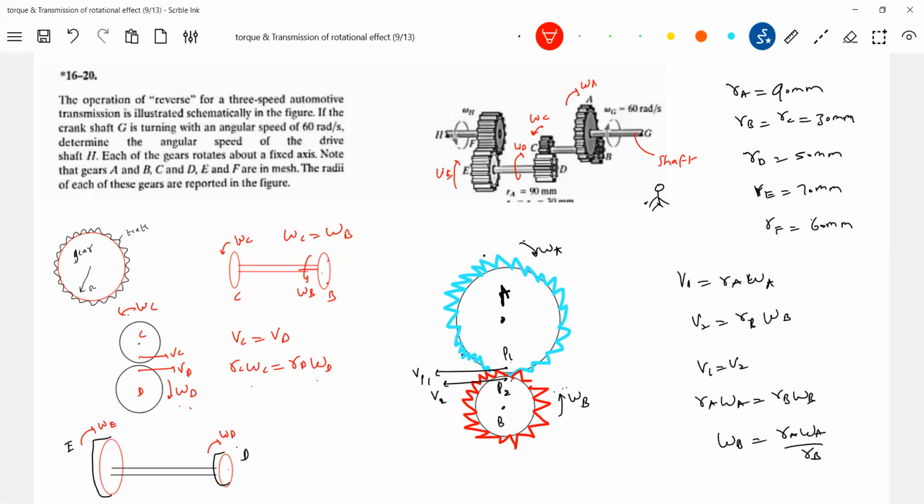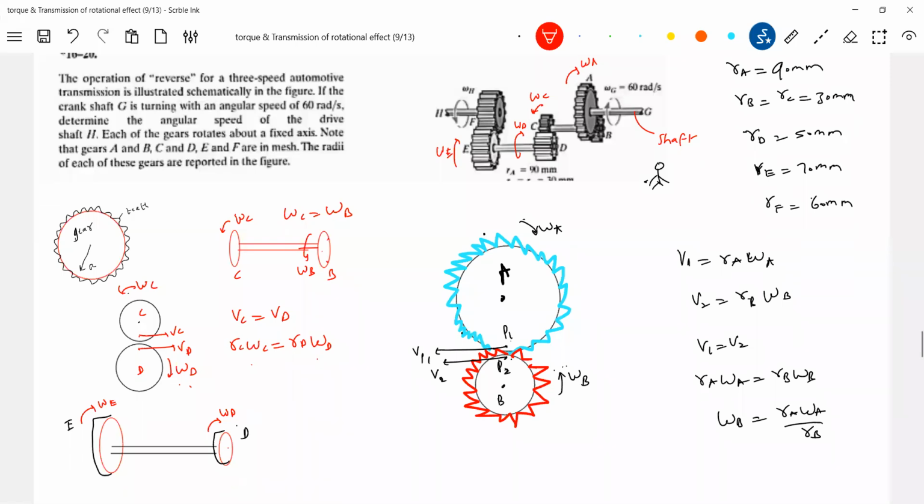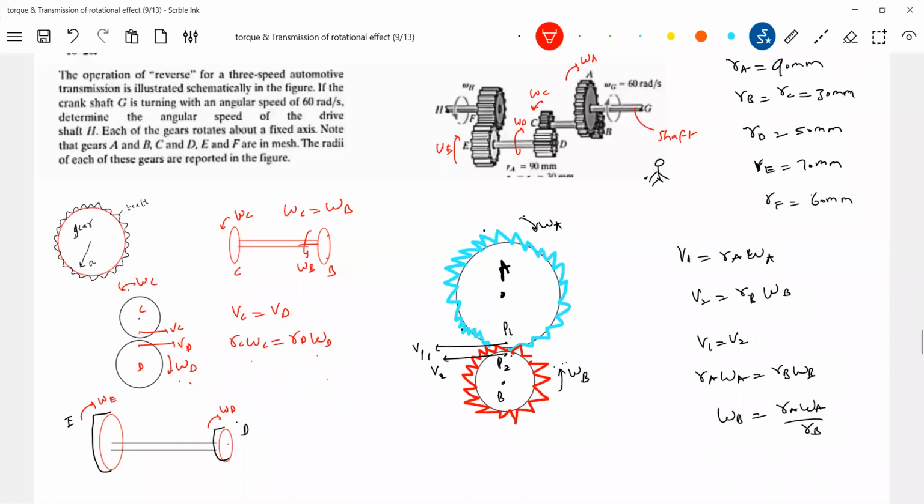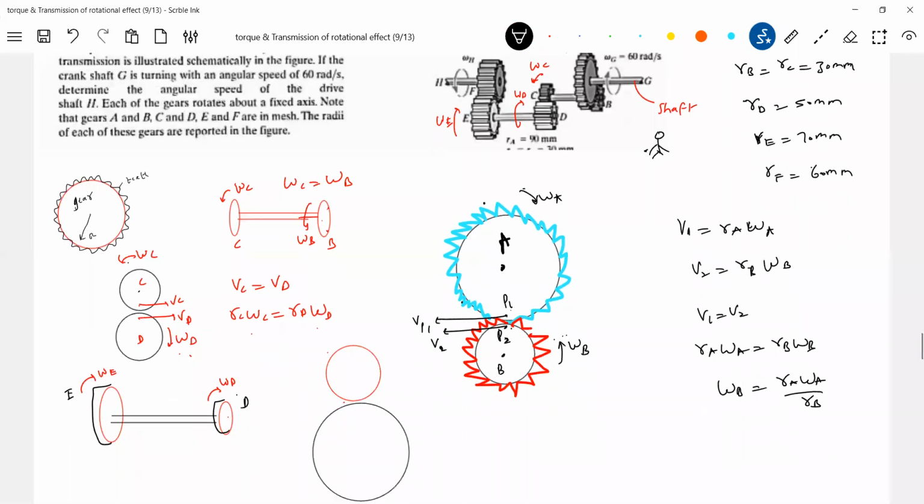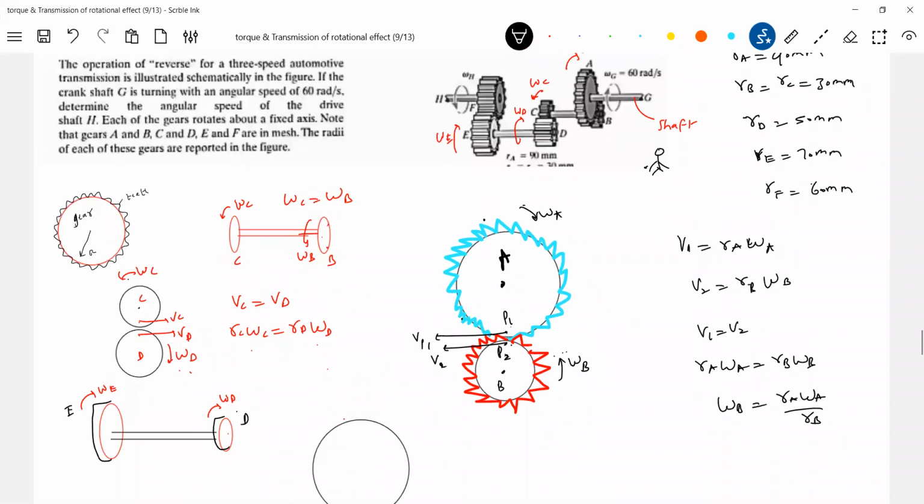Gear F is telling. So I'll come to the next one. So here the gear. What is the angular velocity of this?